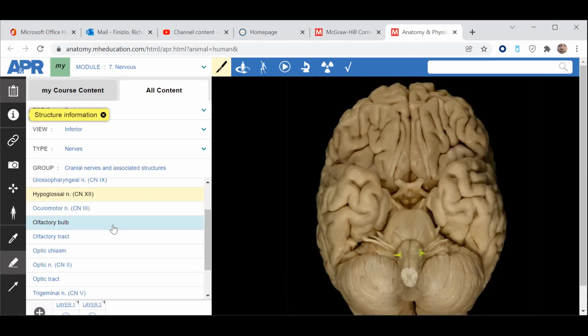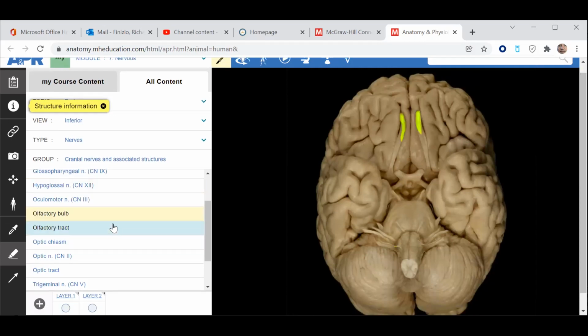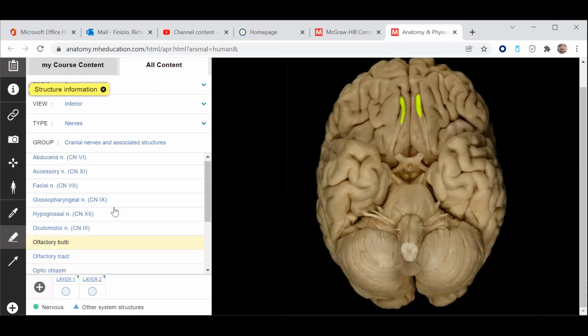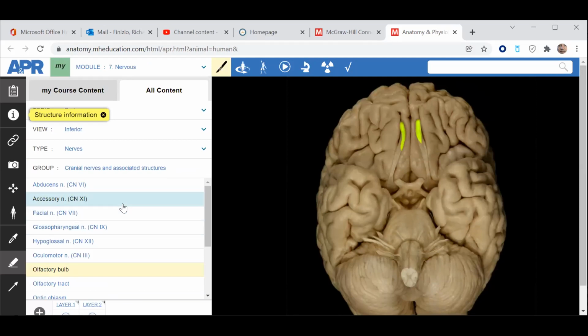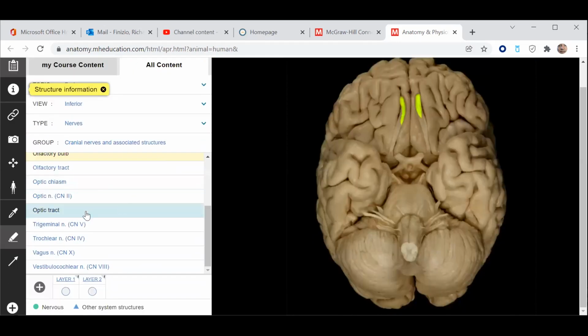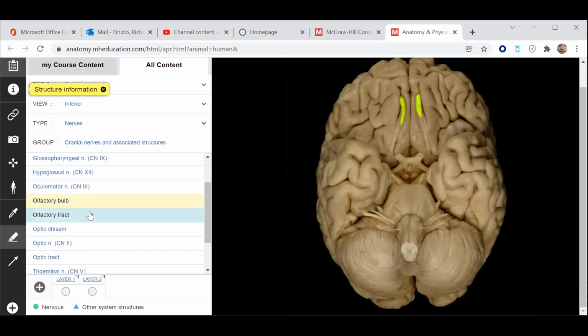So olfactory bulb is part of cranial nerve 1, but it's up here. So this is the olfactory bulb. Olfactory nerve is cranial nerve 1. CN1, and it's in Roman numerals, as you can see. It's olfactory nerve, though.